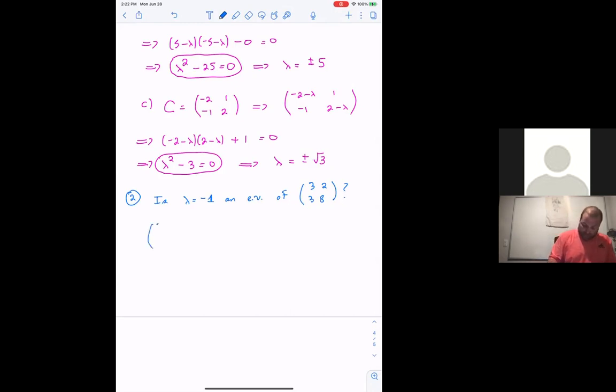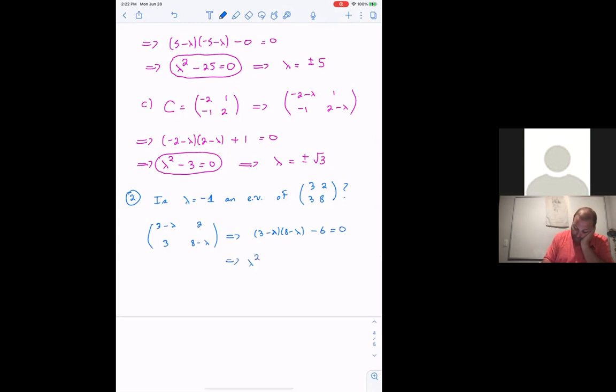Well, if I subtract lambda along the main diagonal and keep the off diagonal elements the same, and then I take its determinant, which is (3 minus lambda)(8 minus lambda) minus 6, set it equal to 0.